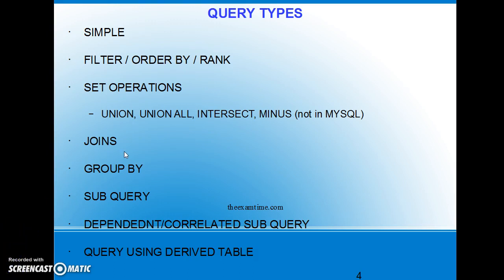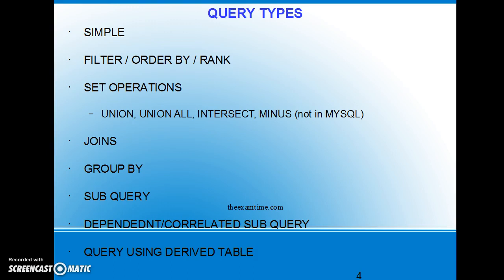Next operation is set operations, which includes union, union all, intersect, or minus. So consider a scenario, you have two employee tables, EMP_US for US related employees, and EMP_India for India related employees.